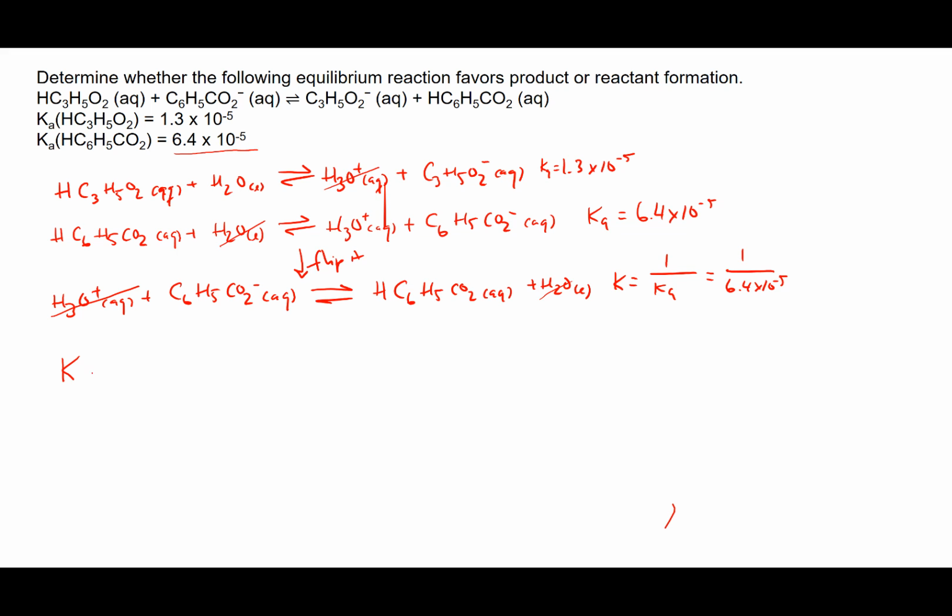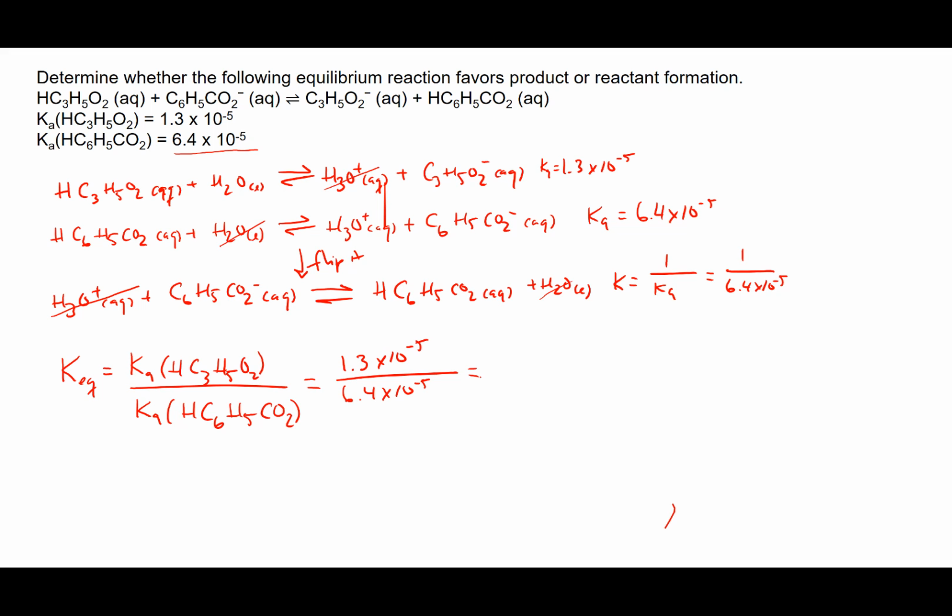So the K of this overall reaction is going to be equal to the Ka of HC3H5O2 over the Ka of HC6H5CO2. And we plug in the numbers: 1.3 times 10 to the negative fifth over 6.4 times 10 to the negative fifth.